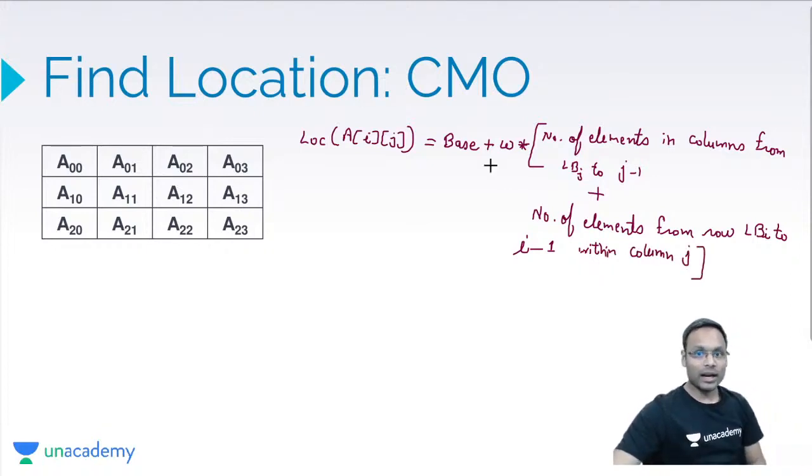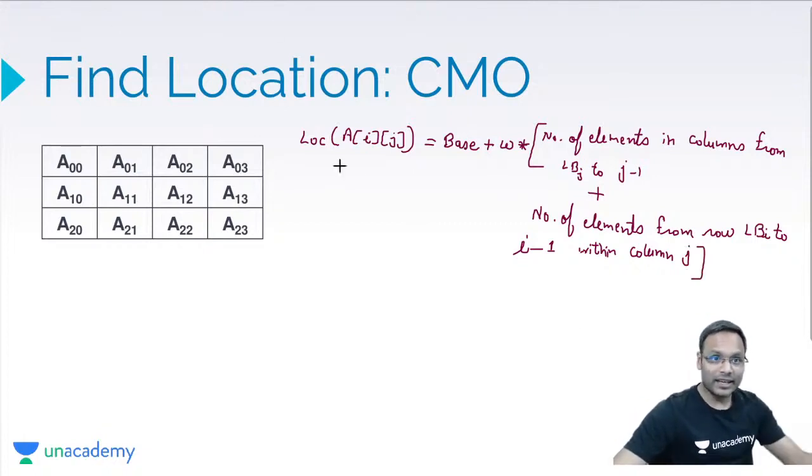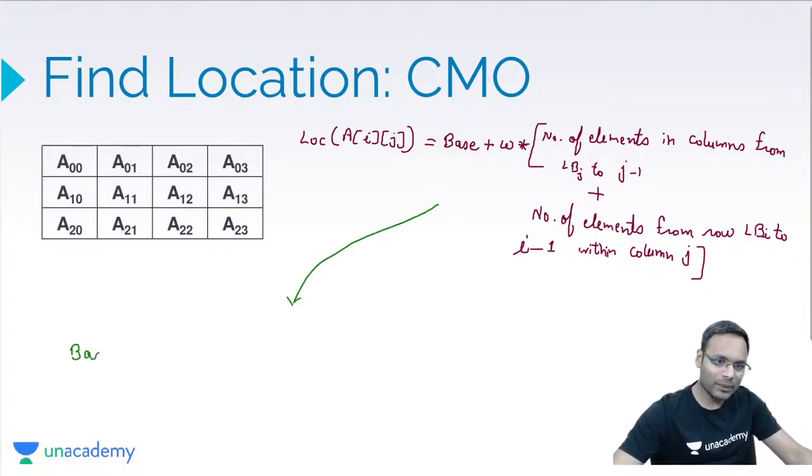That is the formula. And how to write this in the mathematical form? Mathematical form will be like this: base plus w. W means each element takes how much space.